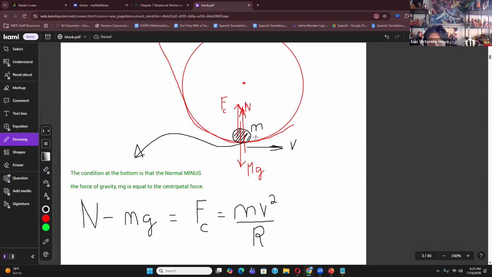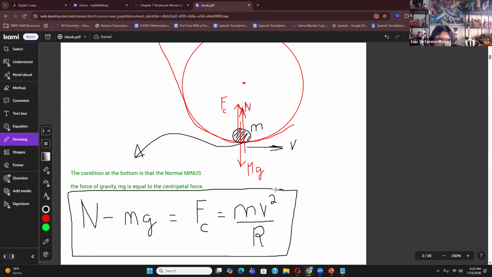That normal can be even greater than the force of gravity, right? 2Gs, 3Gs, 4Gs. So that's basically what it is. The G force, exactly. All right.